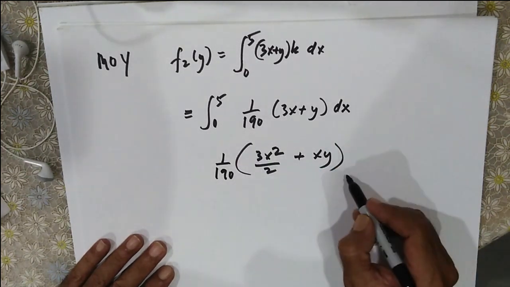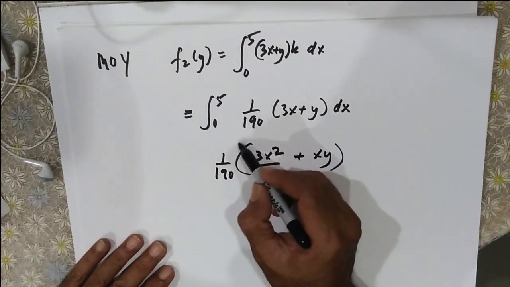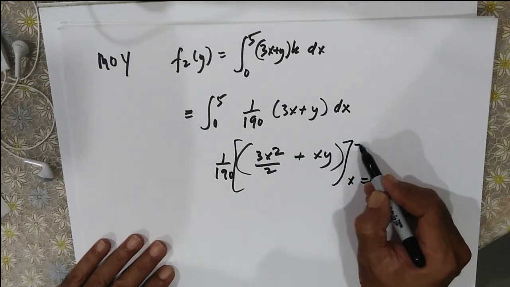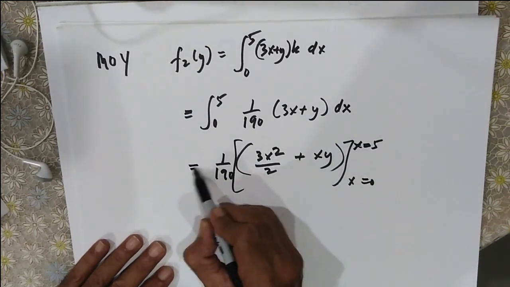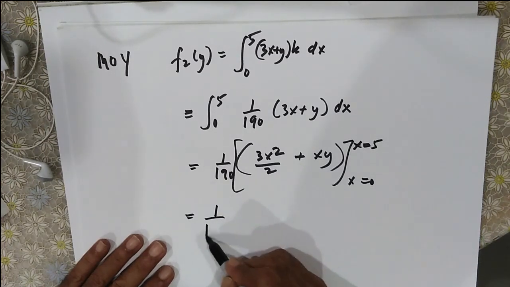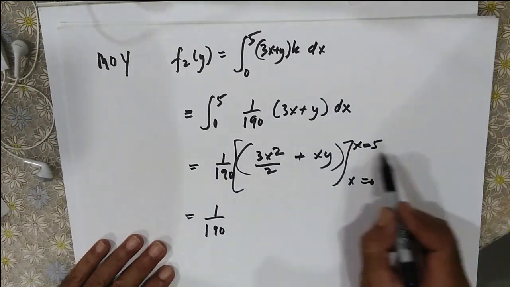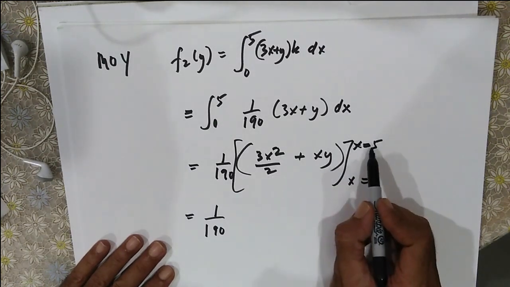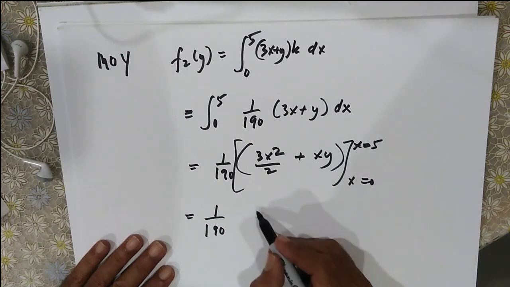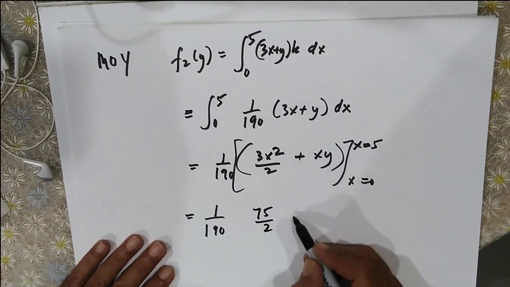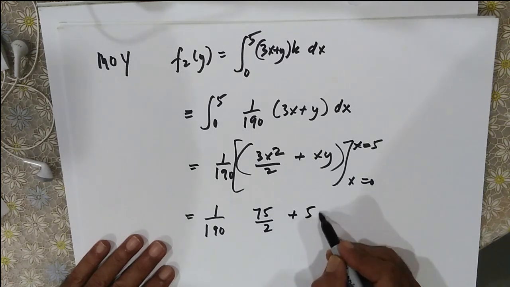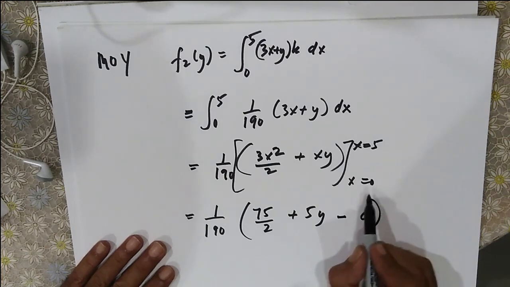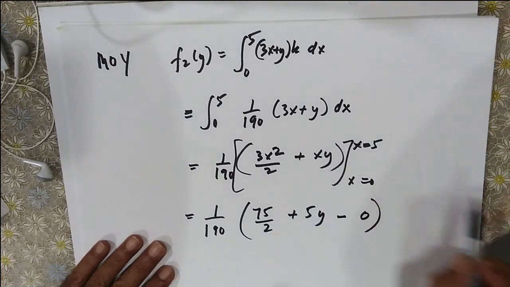Then you substitute x from 0 to 5. If you substitute 5 here, 5 raised to 2 is 25, 25 multiplied by 3 is 75 over 2, plus 5y, then minus 0, because if you substitute 0 into this function, we get 0.